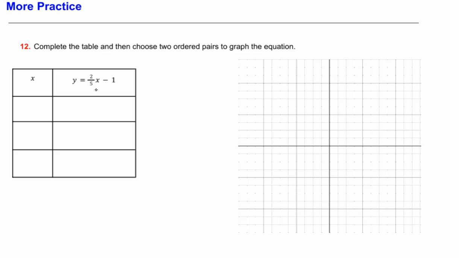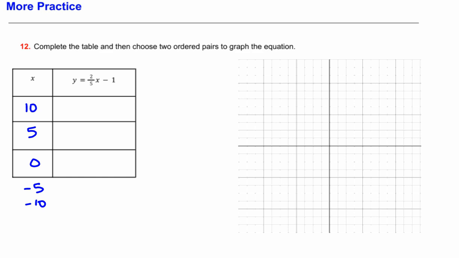Because this denominator is a 5, I'm going to choose numbers like 10, 5, 0, maybe even -5 and -10. I would pick numbers that are multiples of my denominator. That's just going to make this come out a whole lot nicer. You don't have to, just some advice.